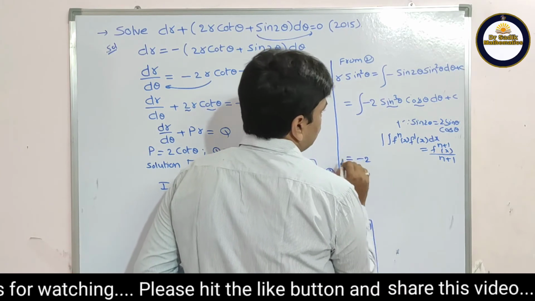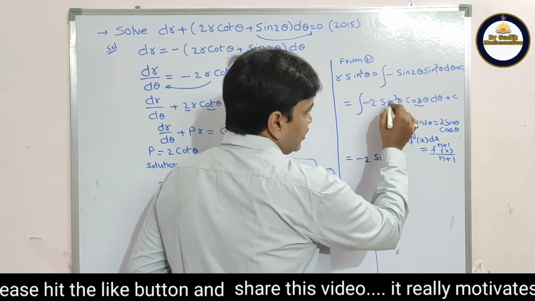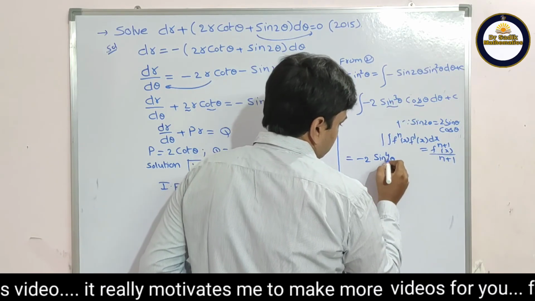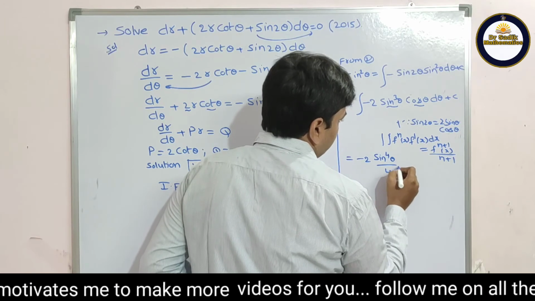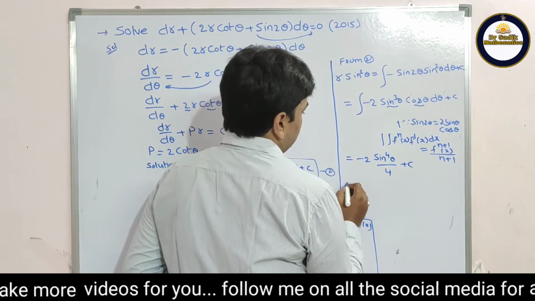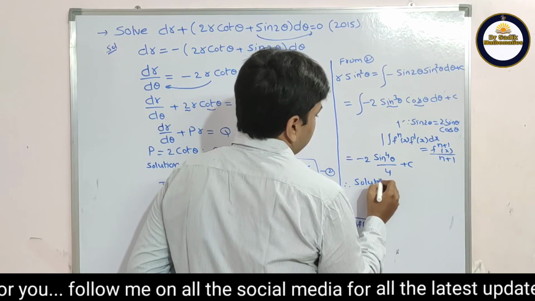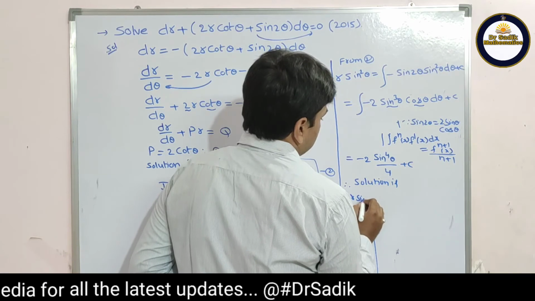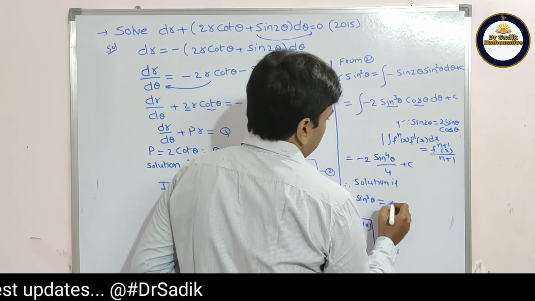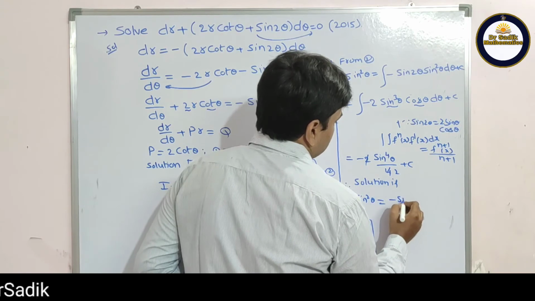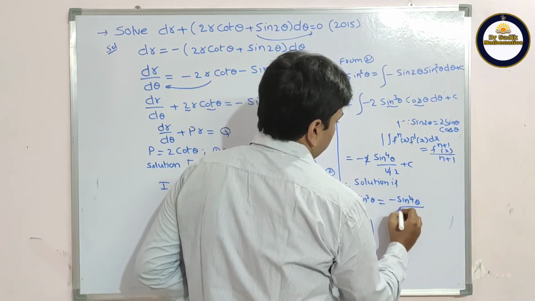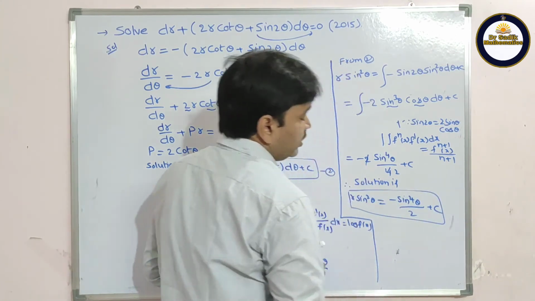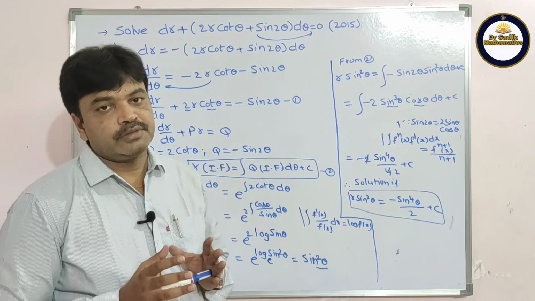So minus 2 into sin power, we get 3 plus 1, that is 4, by sin power 4 theta by 4 plus c. Therefore the solution is r sin square theta equal to minus sin power 4 theta by 2 plus c, which is the required solution of the given problem.